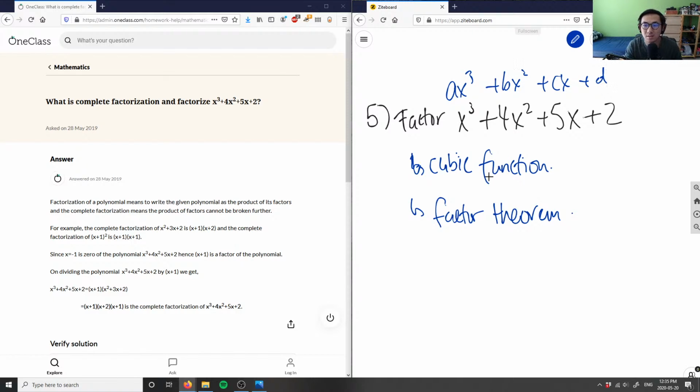The factor theorem says to take a times d, which is simply 1 times 2, which is 2 here. Then take all the factors of 2, plus or minus, and plug in those x values. If the equation equals 0 at the end, then it would be a factor. This is mostly trial and error using your calculator to figure this out.